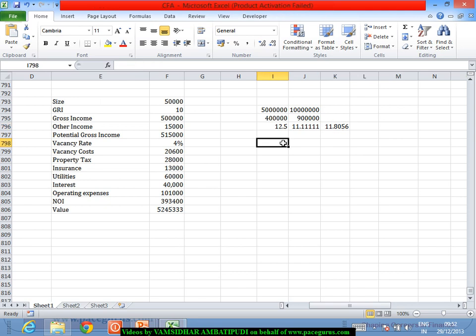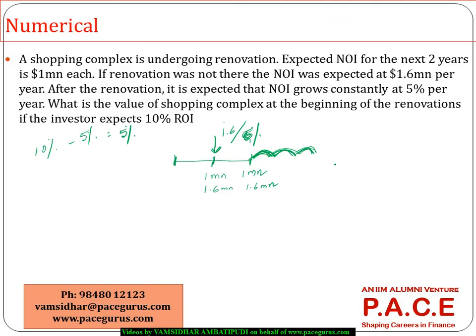So 1.6 million divided by 5%, almost 32 million, is going to be the value of this property at the end of 1 year, corresponding to the 1.6 million that is going to be there in each of the years.